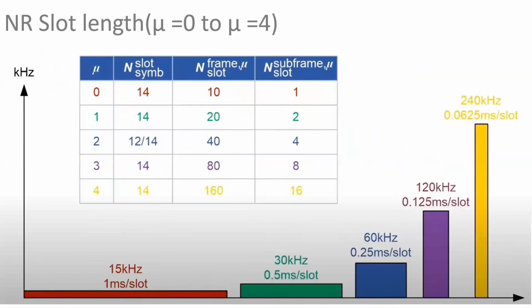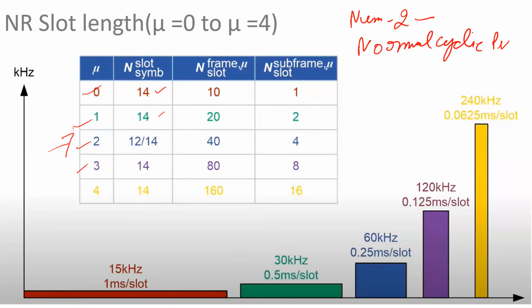So this is what we have understood till now, that we have various kinds of numerologies. In case of 5G, it can be 0, 1, 2, or 3, and the number of symbols per slot is always 14. Only numerology number 2 is the exception, in that we can have normal cyclic prefix as well as extended cyclic prefix.